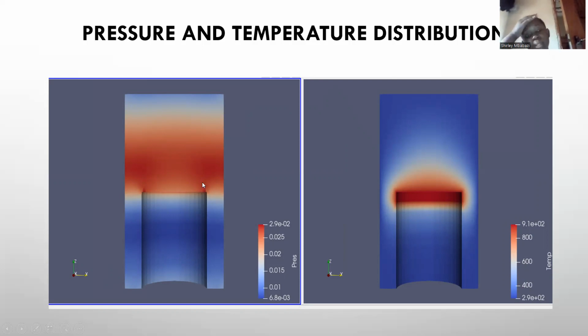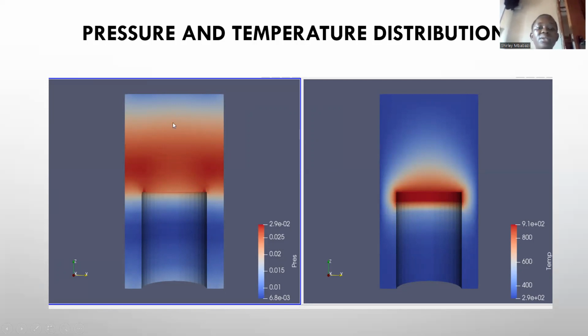Here I use the clip filter also to clip it into half to be able to see what's happening inside of the material. So we can see here that the pressure is very high in the middle, as opposed to the extremes, and it goes on to be high. And we see temperature varying in a different manner. It's high mostly only at the center and not so much on the outside of the data.